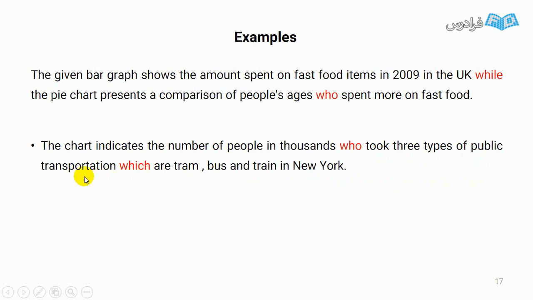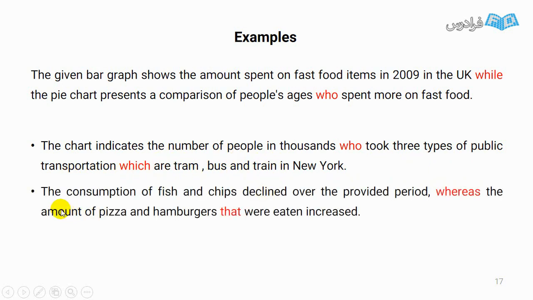Which type of public transportation? Tram, bus, and train. The consumption of fish and chips declined over the provided period, whereas the amount of pizza and hamburgers that were eaten increased. Again here, I want to talk about contrast. Then I use this word. I want to introduce and give more information about a word.